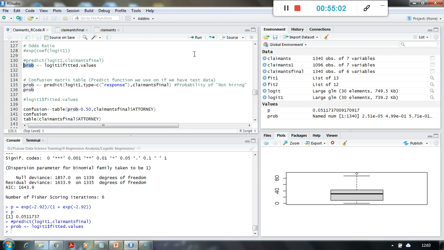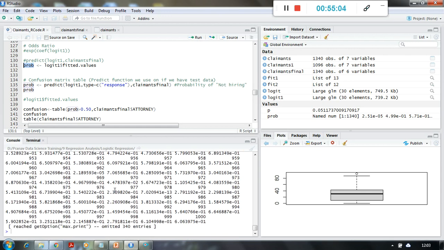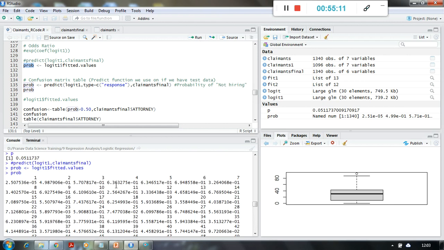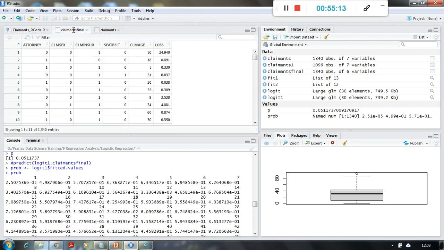If you see these probabilities now, these are the probabilities for all the historical data. Meaning, if you see over here, 2.507536 e to the power minus 05, which means it is 0.00.